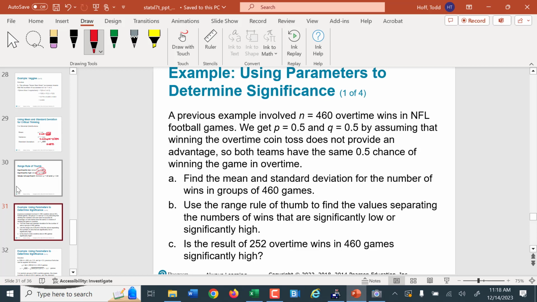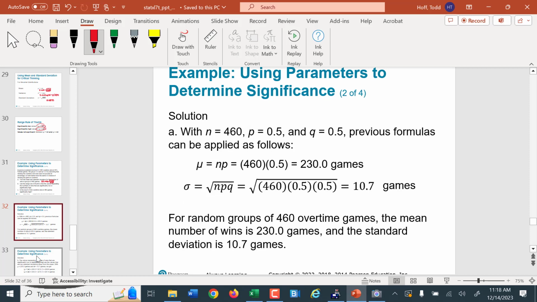Our mean out of 460 would be 0.5 times 460, giving us 230 as our mean. We would expect 230 out of the 460 games to be won by the team who won the coin toss. Standard deviation then is n times p times q, and then square root that. So that's the square root of 115, giving us 10.7 as the standard deviation.